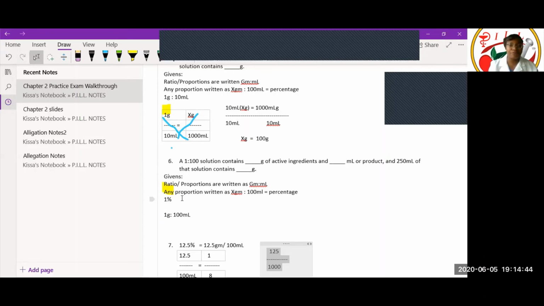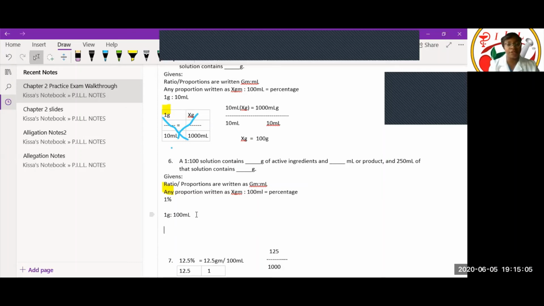So the first part of the question reads 1 gram per 100 milliliters of product, because we know that any proportion is written as gram per milliliter. And then we'll solve for the second part of the problem.